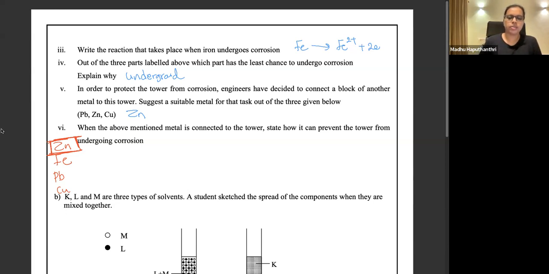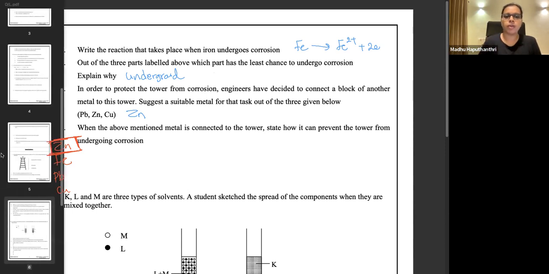Which one have you taken? Zinc? Is that particularly for this situation?